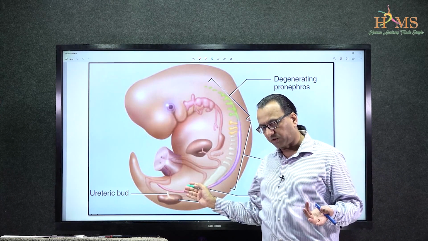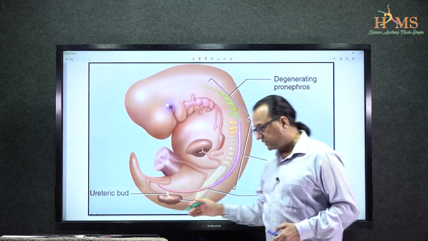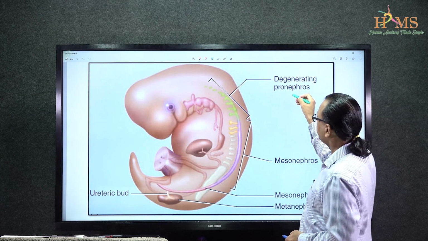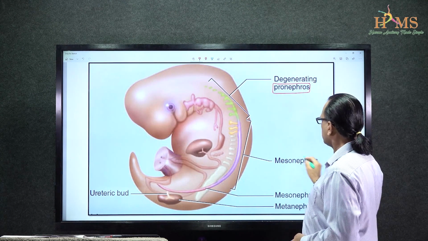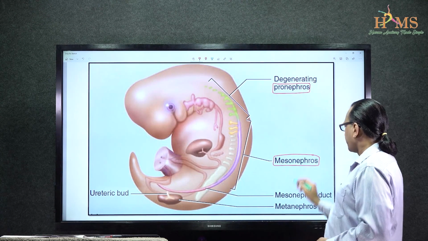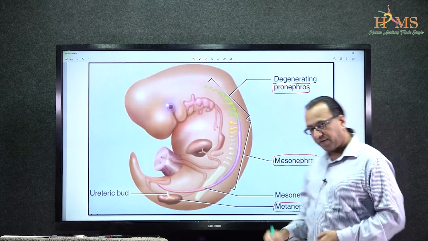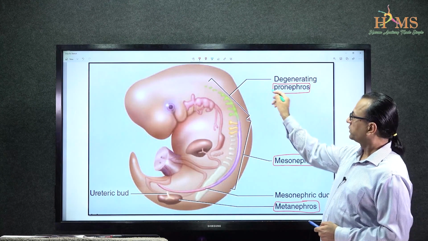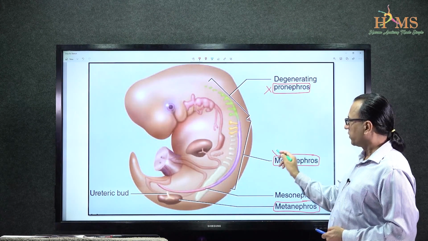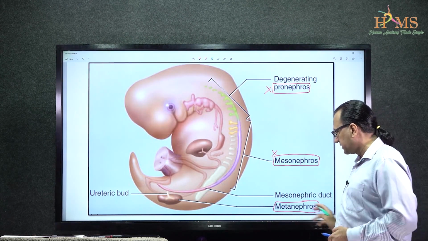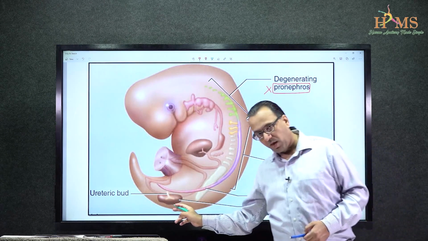And especially we are focusing upon the urinary system. There were actually three things: the pronephros, the mesonephros, and the metanephros, which are formed in the intermediate mesoderm. But then the pronephros disappears, even the mesonephros disappears, only the metanephros is existing so that it could form the kidney.